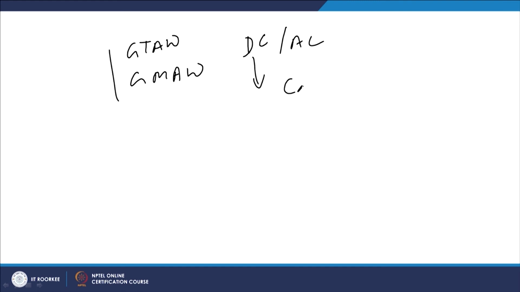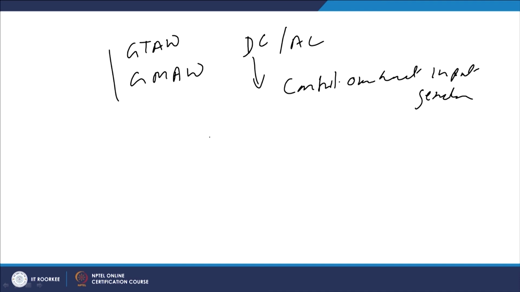There is another aspect associated with the advancement of some of the processes like simple gas tungsten arc welding or gas metal arc welding. Conventionally, both these can work on AC as well as DC, but if we are using DC, it allows control over the heat input or heat generated by the arc.